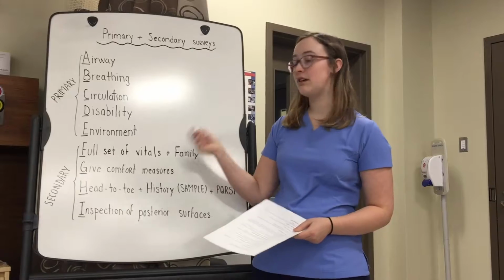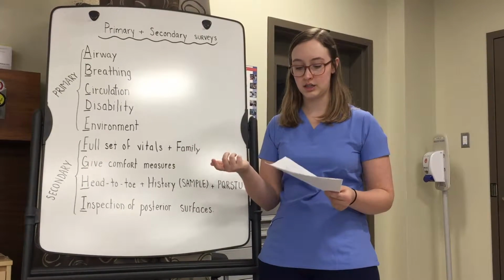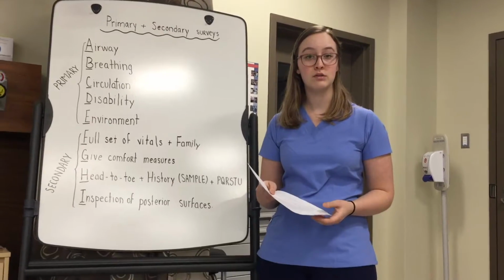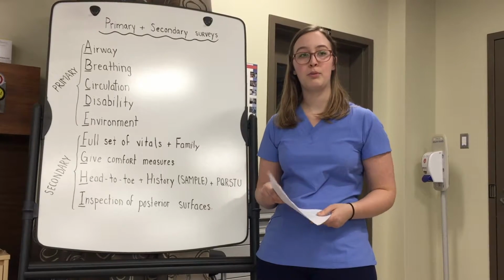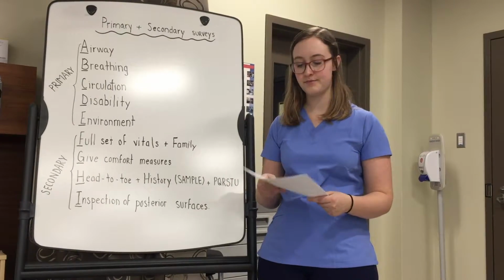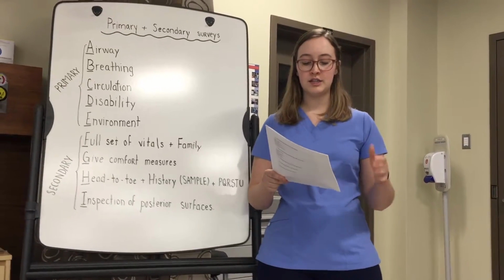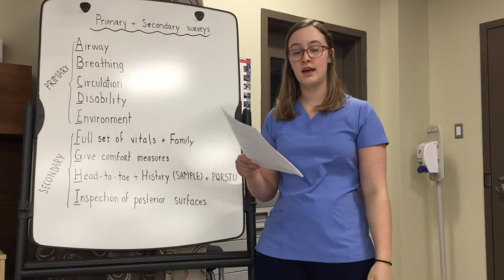You want to have suction available at the bedside in case secretions build up and he needs suctioning. And if you don't have any breath sounds on one lung or both sides, you want to prepare for chest tube insertion.